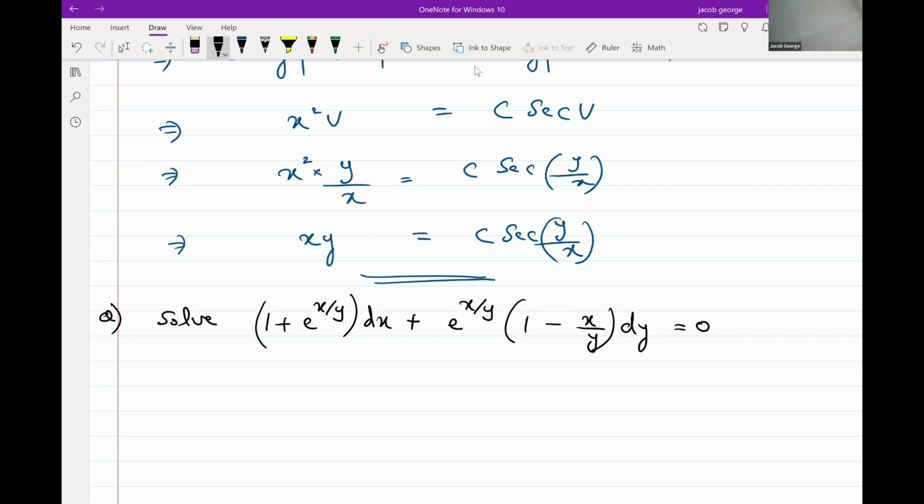Please write this. Solve 1 plus e raised to x by y into dx plus e raised to x by y into 1 minus x by y dy is equal to 0.